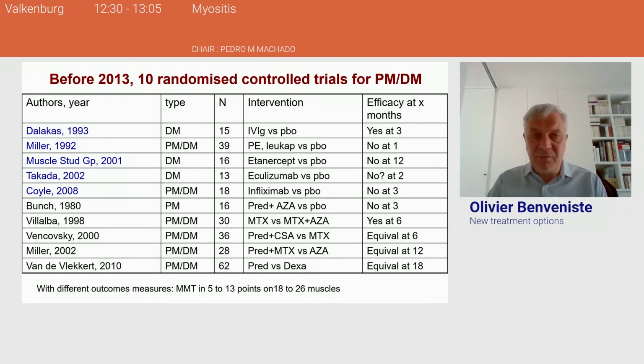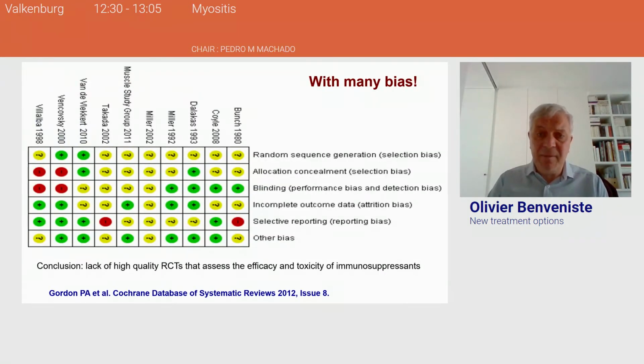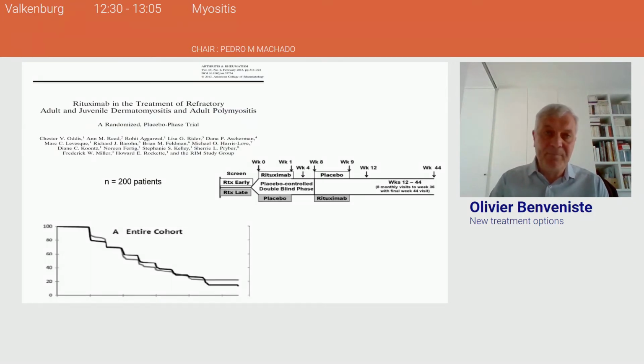You can see here the different studies with the different drugs tested. At the end of the day, as outlined by this Cochrane database study, all these studies had a lot of bias, so it was difficult to draw any clear conclusions on the best efficacy of these different drugs.